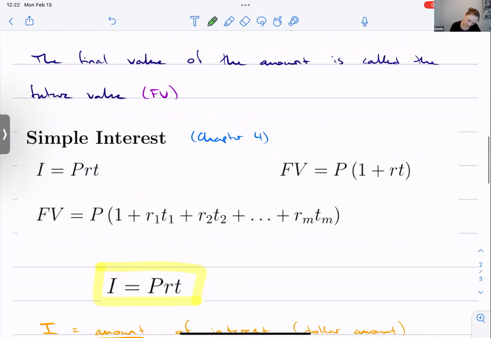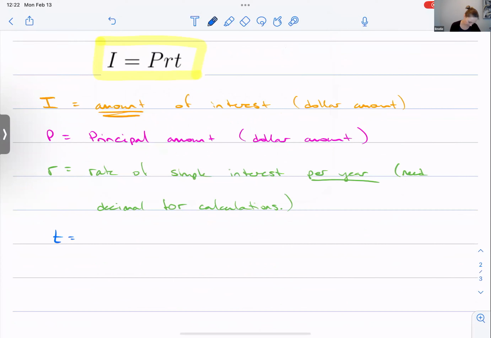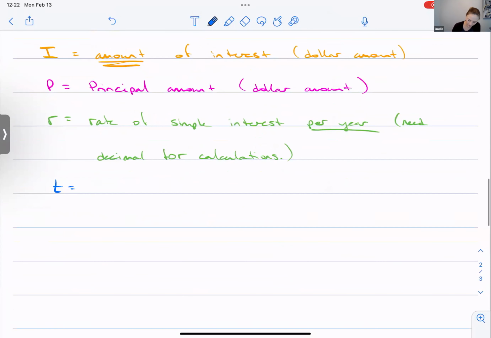And T, blue. Now time has to be in years. Okay. So time in years must be in years.